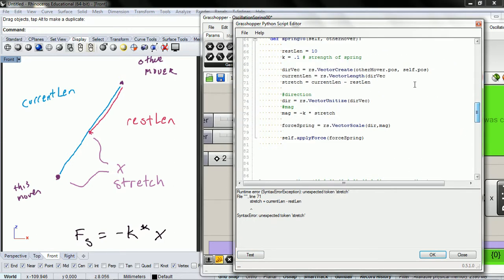Line 71, unexpected token stretch. I need to put the parens on there.